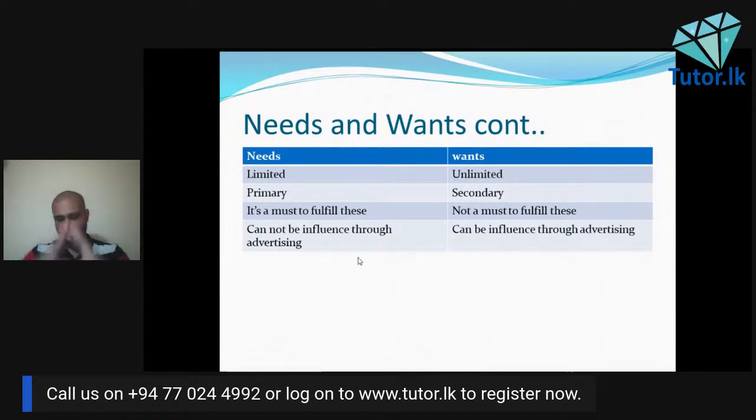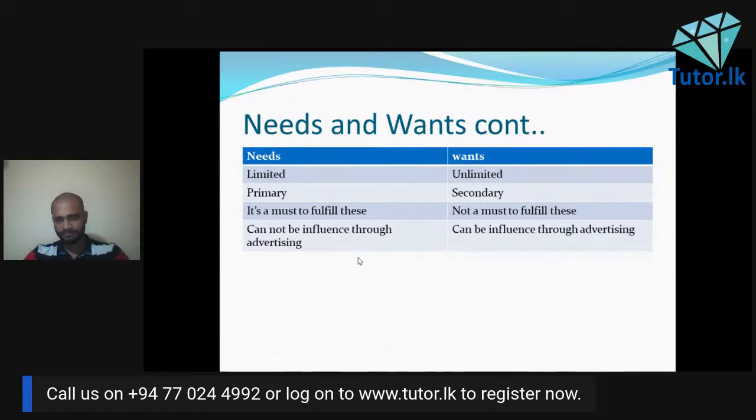The basic problem that economics revolves around is the idea of unlimited wants. People, individuals or companies might have unlimited wants.